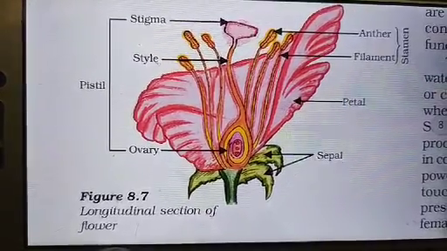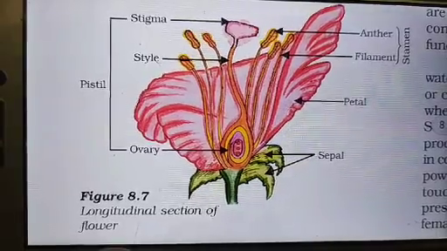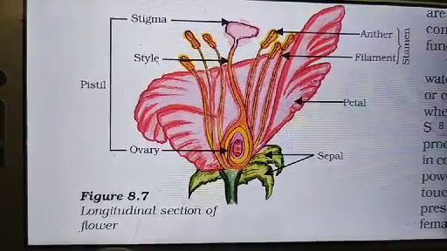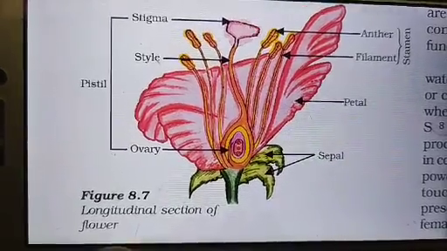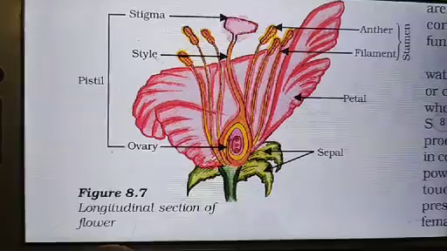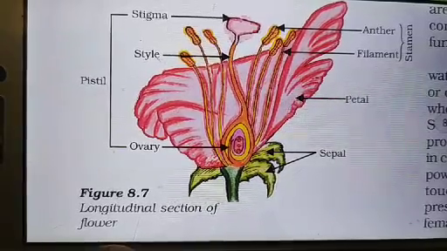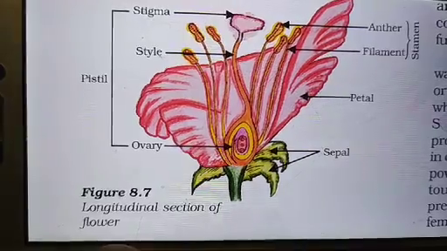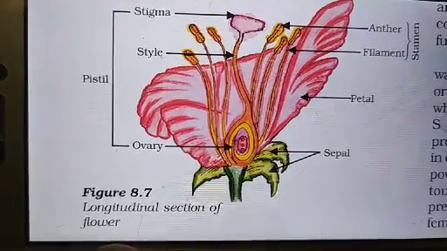Next, inside, at the center, there is a pistil which has the ovary, style and stigma. Then in between the petals and the pistil there are stamens, which have filament and anther. Okay, this is the longitudinal section of a flower. All of you try to draw this one.